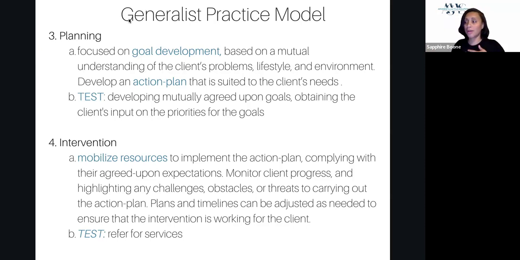So as a social worker, when I meet with clients, I may be doing all of these phases every time I see them, right? I'm engaging, I'm assessing, I'm planning, I'm intervening. Every time I talk with them, I'm doing all of those things in one conversation. And I'm sure many of you do the same thing, right? But on the exam, I always say you have to start at step 0.